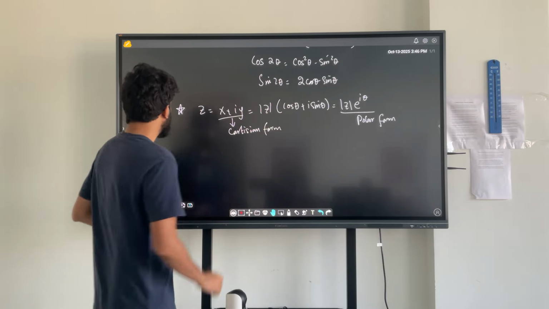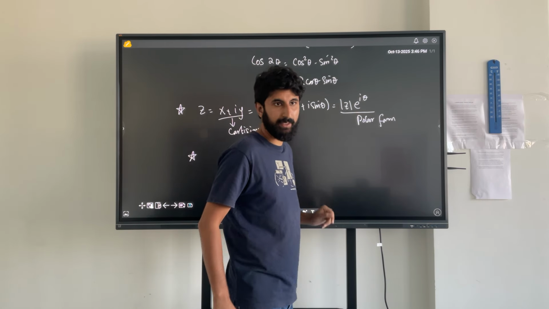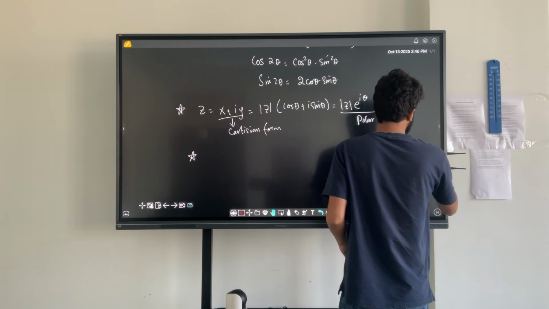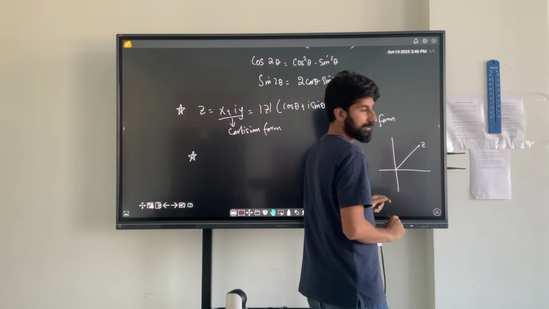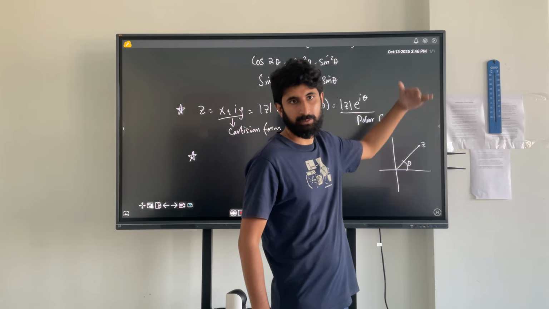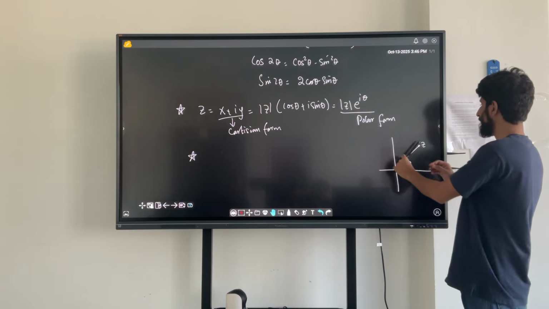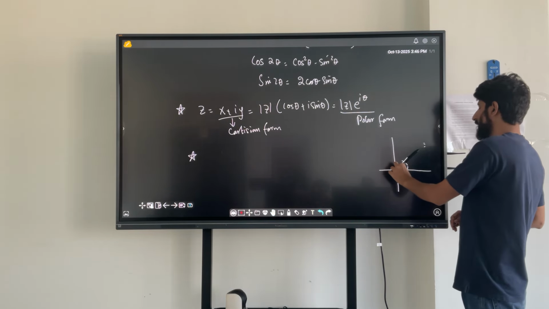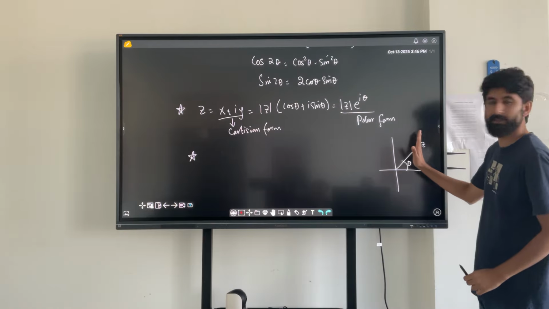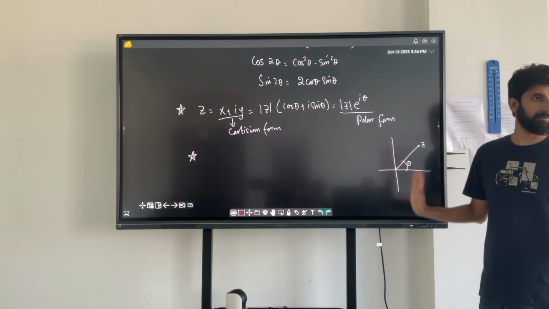Let me take this argument again. I have this complex plane and I have a complex number z here. It has an argument theta, which is tan inverse of y by x, the imaginary part by the real part. But somebody might come and say that I don't want to use theta, I want to rotate by 2 pi and then add theta, which is also a perfectly valid argument.